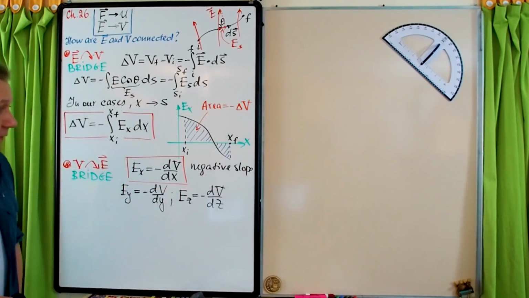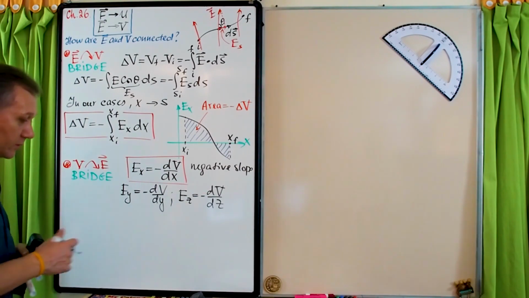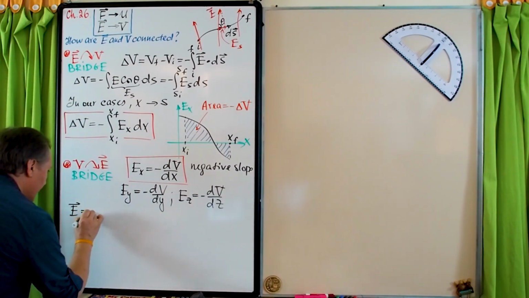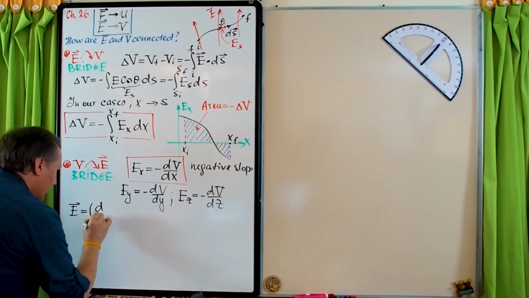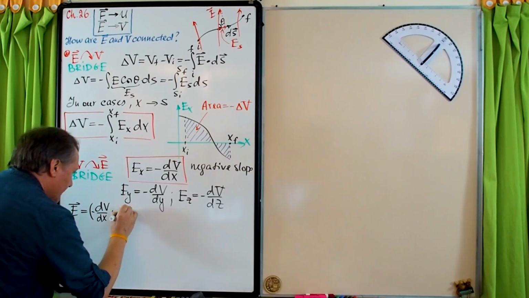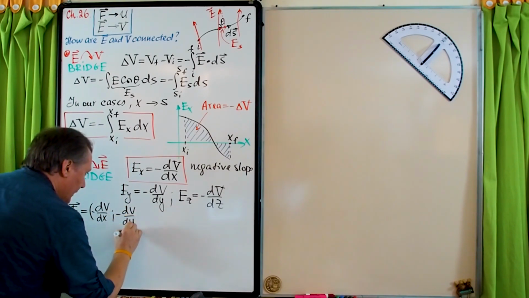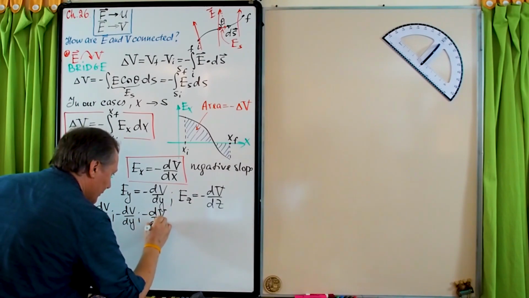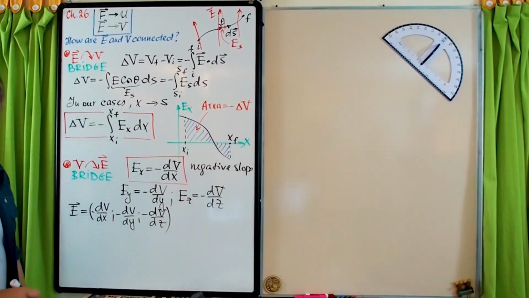And of course, in the vector form, you can write E as minus dV over dx, minus dV over dy, so that you would realize it's a vector. So 3 components.